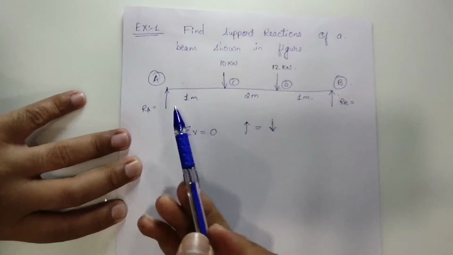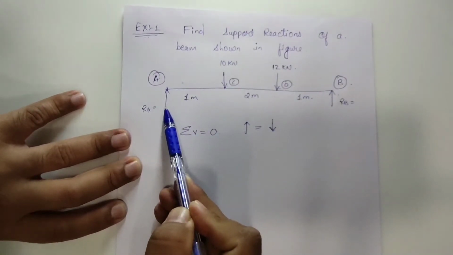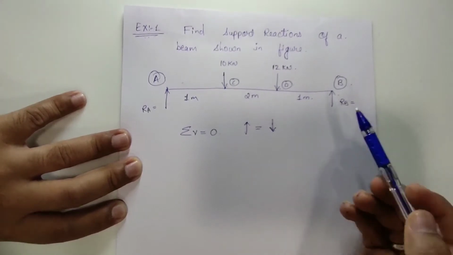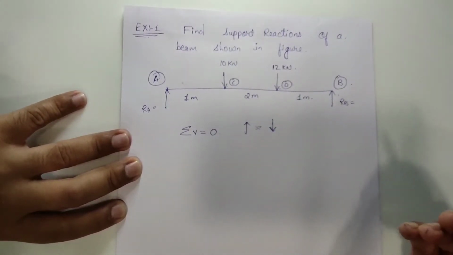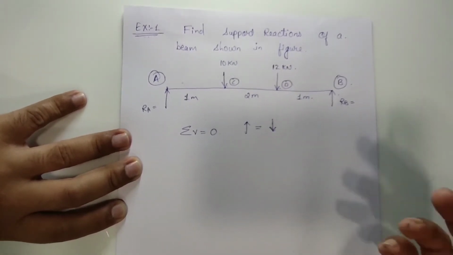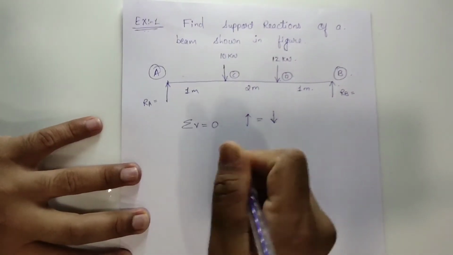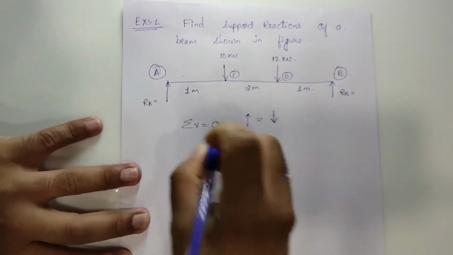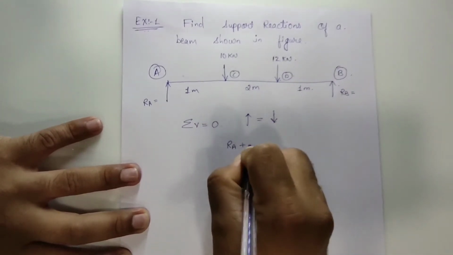I am supposed to find out the reactions coming at this support RA and this support RB. In some books they use VA, VB also, like vertical reaction at A and vertical reaction at B. You can choose any notation you want. So now upward is RA, then RB.